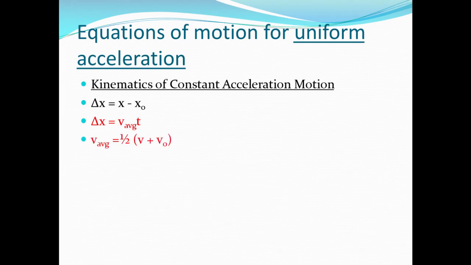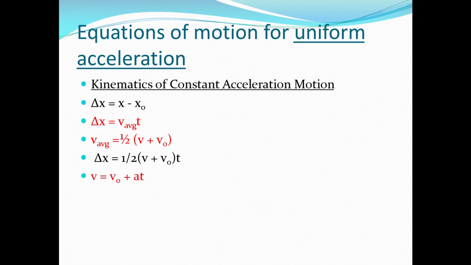We simply use 1/2 the final velocity plus the initial velocity, or you could think of it as the initial velocity plus the final velocity divided by 2. It's like taking the average of 2 test scores. We also could just write it like this: change in x, or displacement, equals 1/2 V naught plus V times the time.